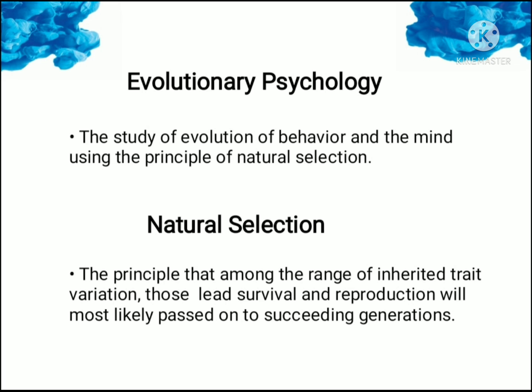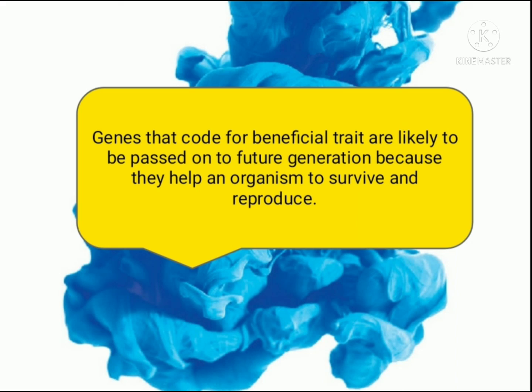Therefore, factor analytic trait theories are an excellent example of scientific theories of personality. The genes that code for beneficial traits are likely to be passed on to future generations because they help an organism survive and reproduce.